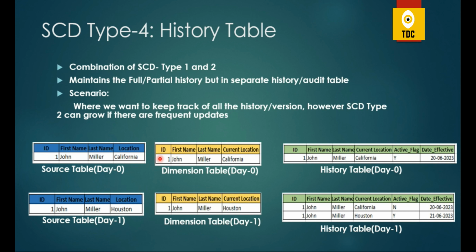In that case, either you archive the older records, which is one solution, or the better solution is to maintain the history in a separate history table, so that the history table can grow without impacting the performance of the dimension table. Hope this is clear. Since we have a separate history table here, we can consider SCD type 4 a history table concept.